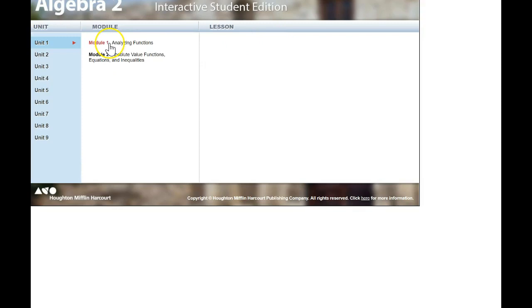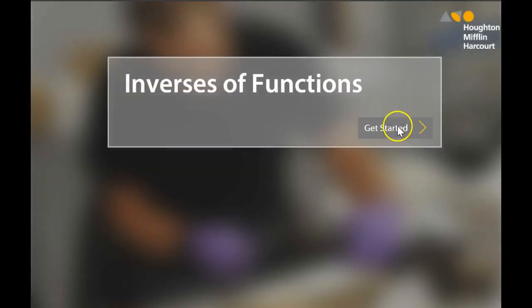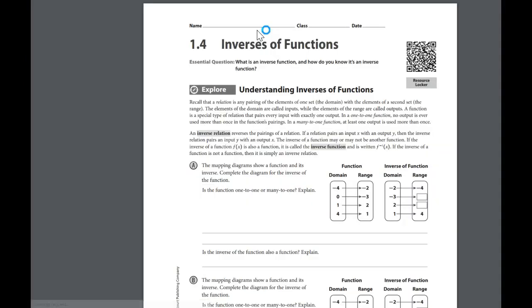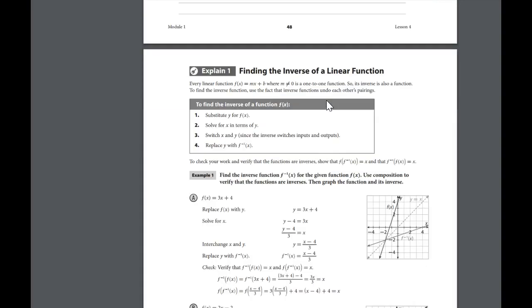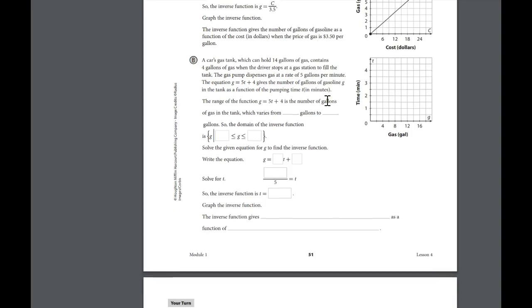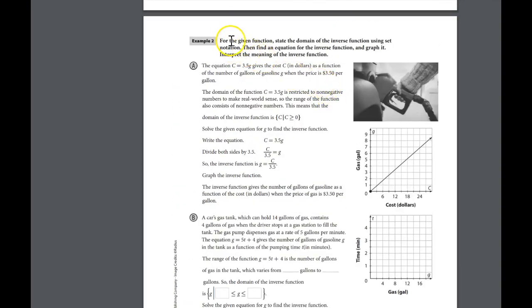Unit 1, Module 1, Lesson 4. Student edition. And I'm looking at example 2 on page 51 right now. Oops, there it is. It says for the given function, state the domain of the inverse function using set notation, then find an equation for the inverse function and graph it, interpret the meaning of the inverse function.